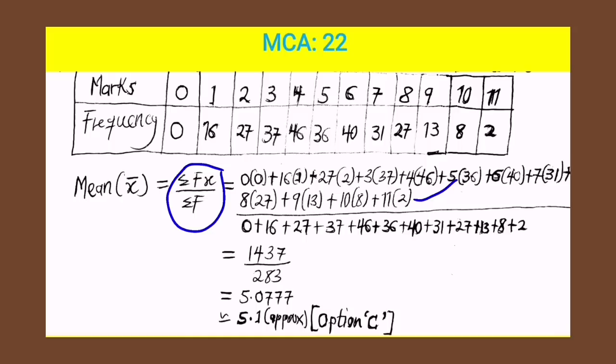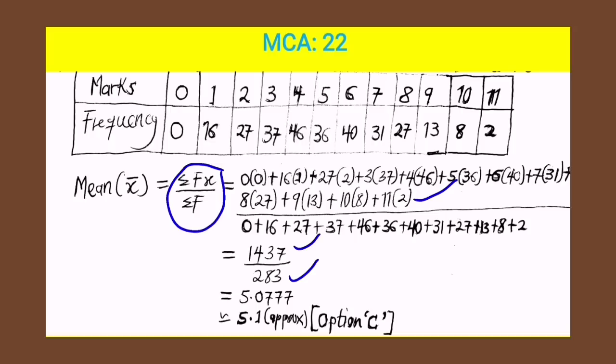So when I summed up my summation fx, I had 1437, then the total frequency was 283. So the division results in 1437 over 283. Then I get 5.077.